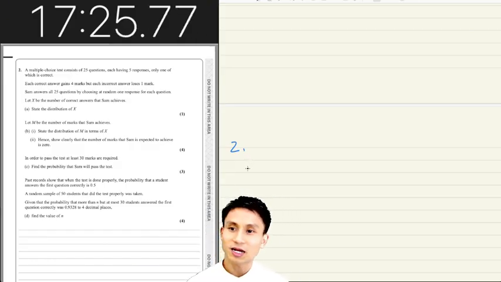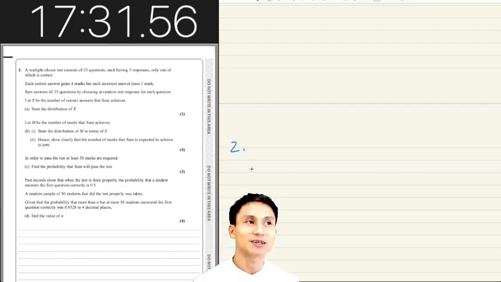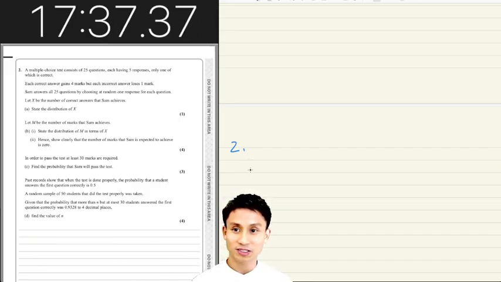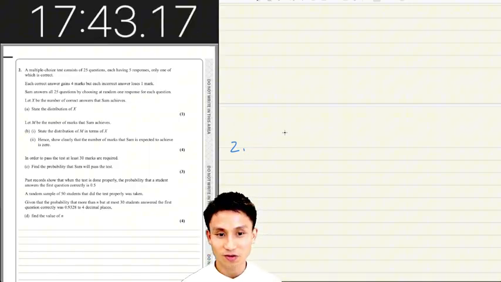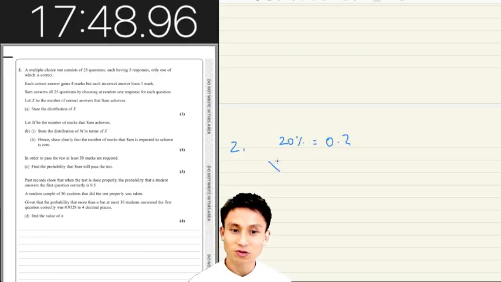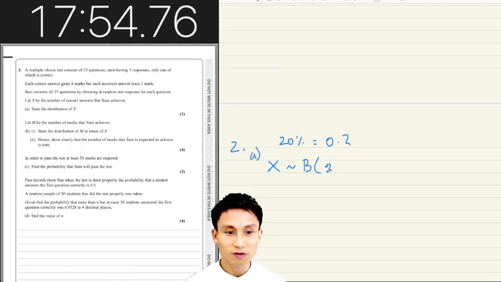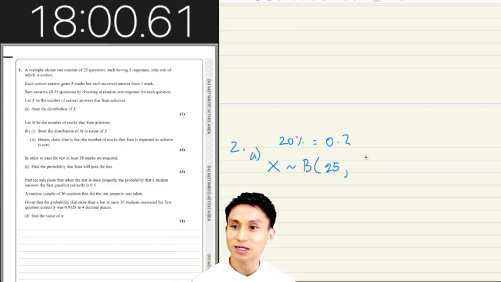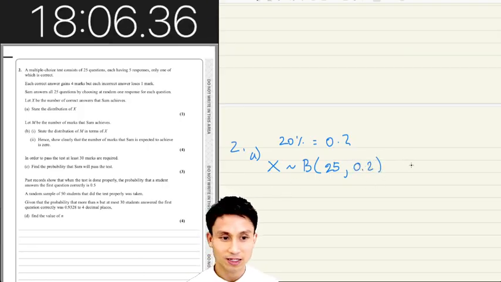And because each question has a fixed probability of getting it correct, if you randomly guess a multiple choice question's answer, because there are 5 choices, you're going to have a 20% chance of getting it right. So 20% chance is 0.2. That means we're going to model this as, hang on, that's A, binomial. And there are 25 questions, so that's the n. And the probability of success for the number of correct answers X, each one being 0.2. All right, so that's it, binomial.